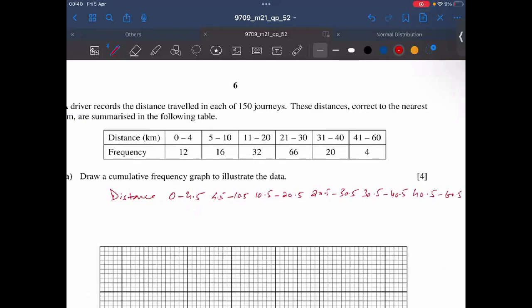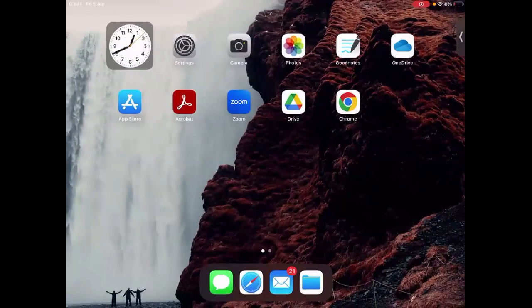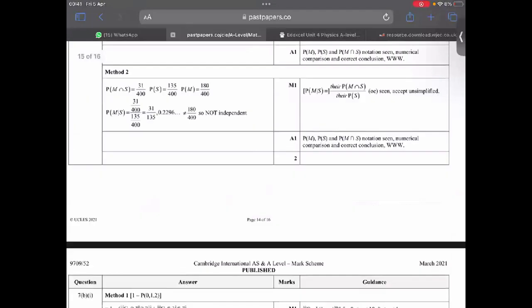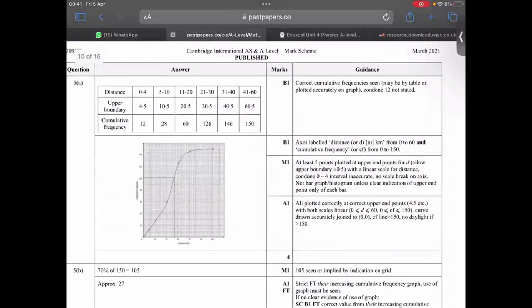And then we have cumulative frequency. Let me just verify it first.